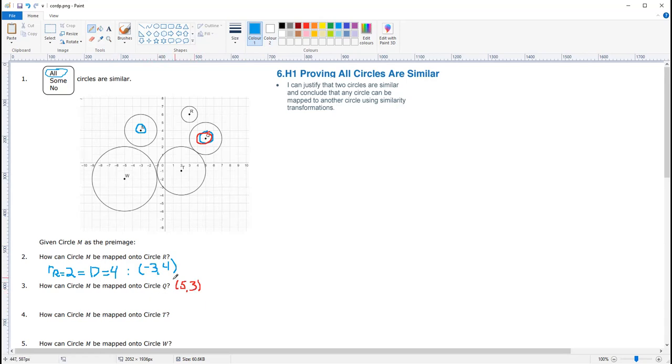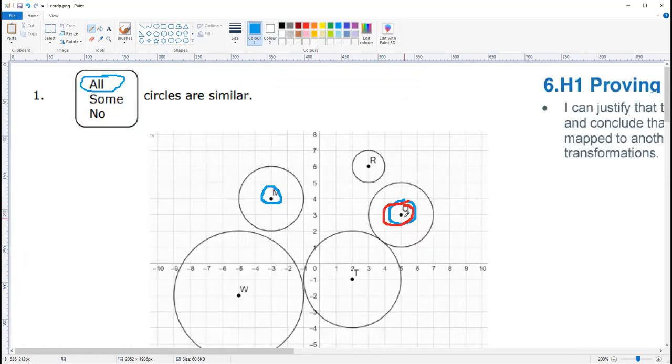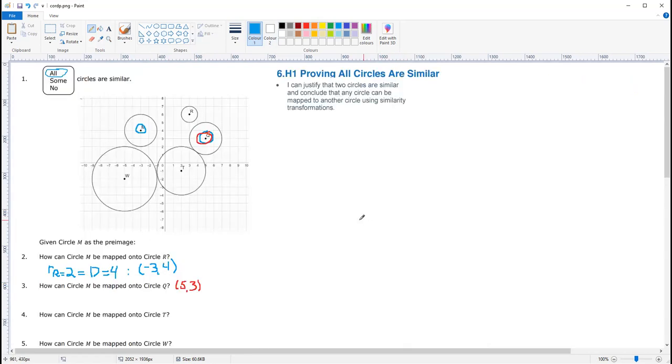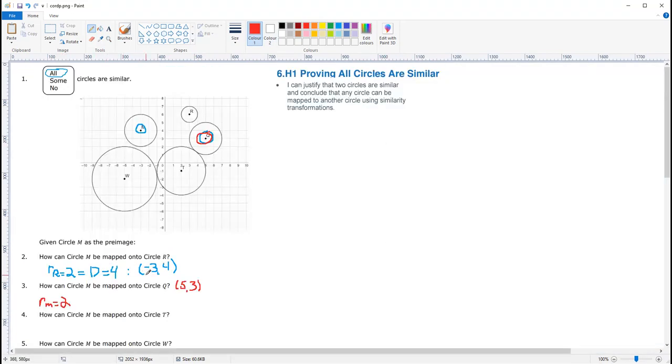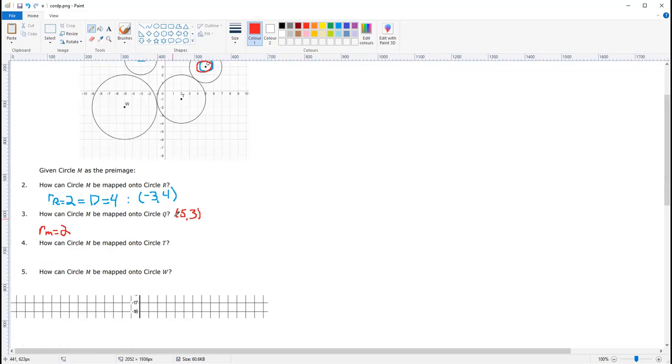Let's see, what's the radius? Looks like the radius is 5 to 3, so they are the same radius. Radius of M equals 2. So they're congruent already, not just similar. So we just need to translate on this one.